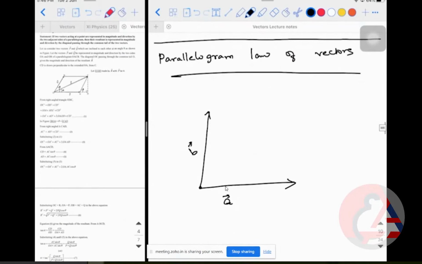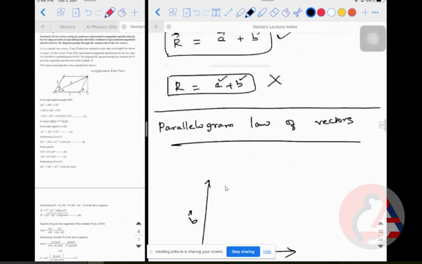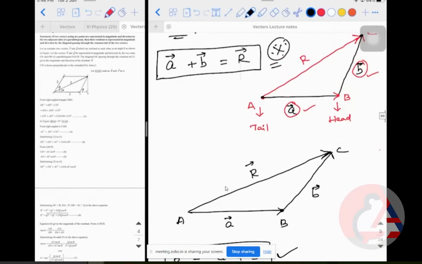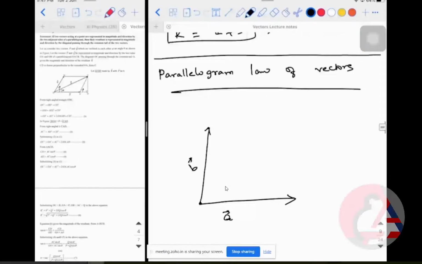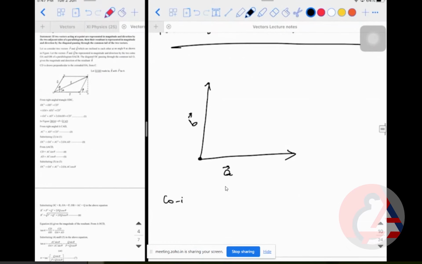Here also A vector and B vector are adjacent. The only difference is here A vector and B vector are taken in order, meaning the ending point of the first vector behaves like the starting point of the second vector. Whereas in the parallelogram law of vectors, both the vectors start from the same point. So the vectors which have the same starting point are called co-initial vectors.